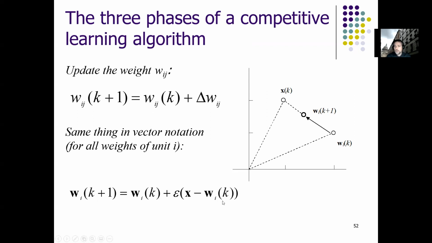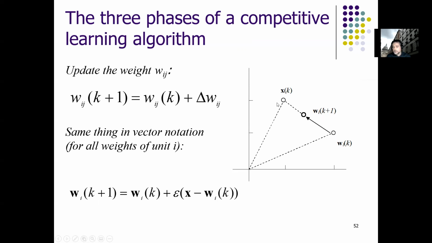So what this rule says is that the new weight vector is the old weight vector plus some kind of correction. What is this correction? This correction is given by the difference of these two vectors. If I calculate the difference between the vector x and the vector w in this space, it is this line. This is the difference between these two vectors. It is denoted by this small vector.